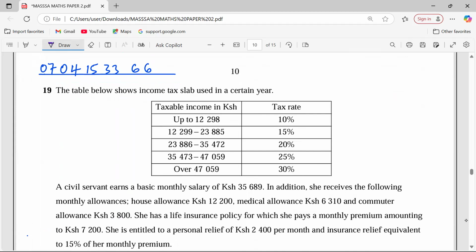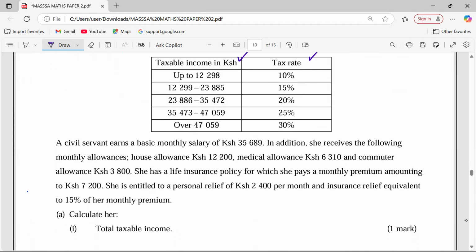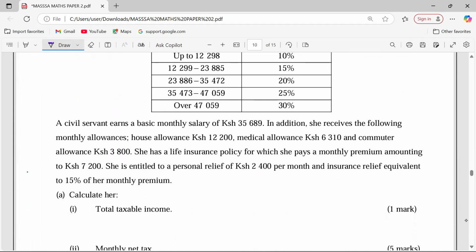Let's check number 19 now, a very simple question. The table below shows the income tax slab used in a certain year. We have taxable income in Kenya shillings, and the tax rates there already indicated. A civil servant earns a basic salary of 35,689 Kenya shillings.